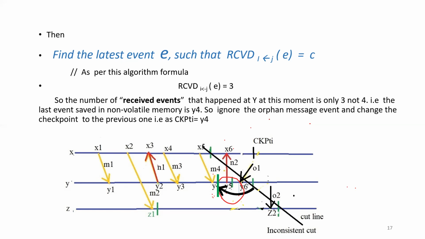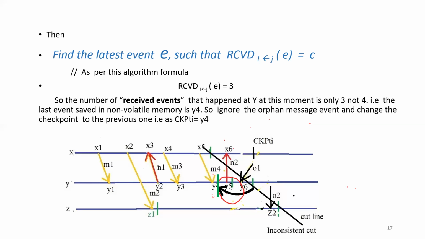After Y4, we have taken a checkpoint. See the diagram. After the event Y4, we have taken a checkpoint. At this checkpoint, the number of messages sent by the process X is equal to the number of messages received by the process Y. This is the checkpoint where sent and received messages are equal.